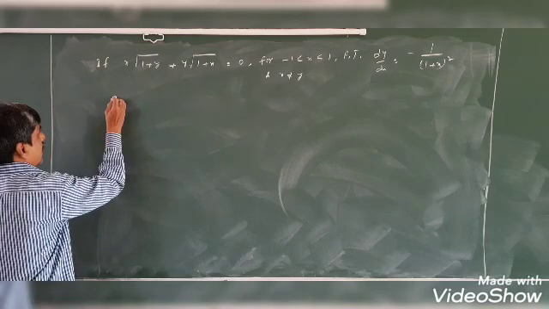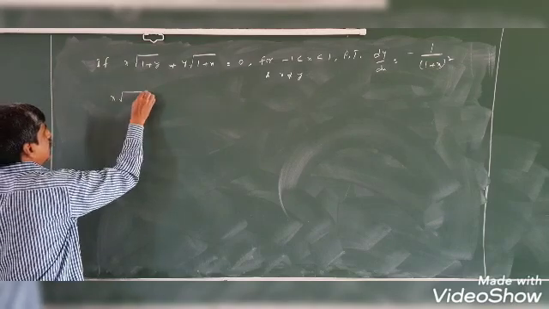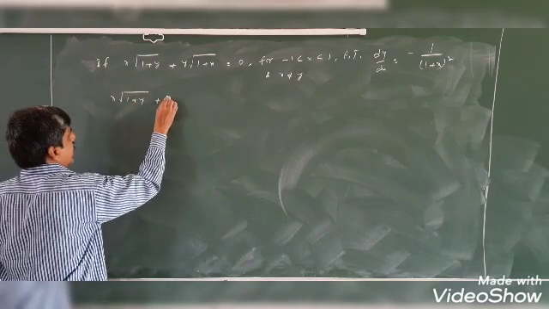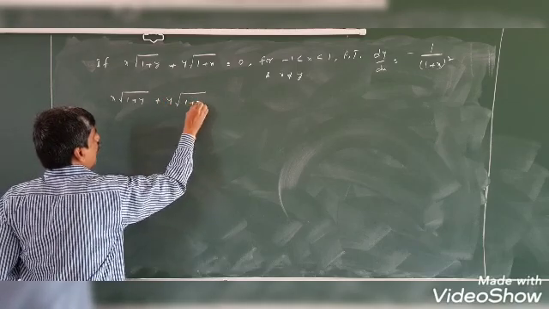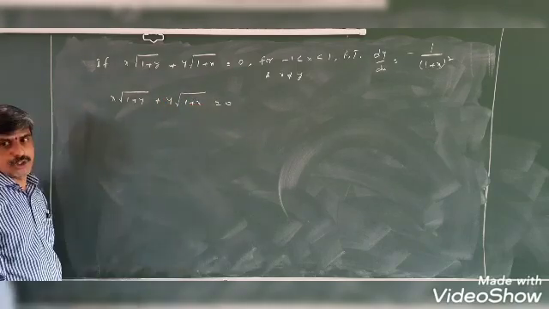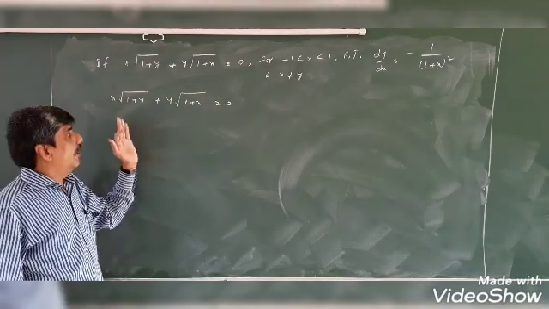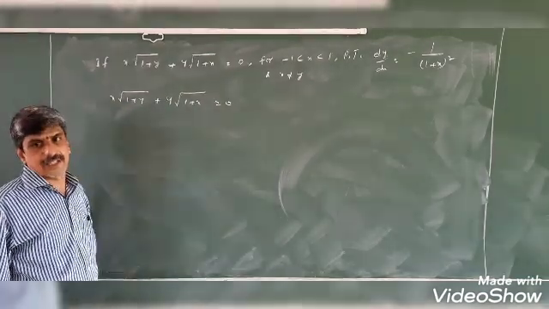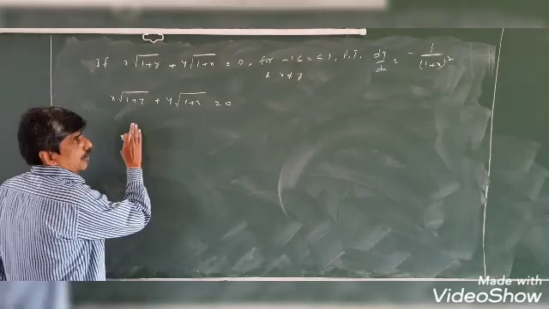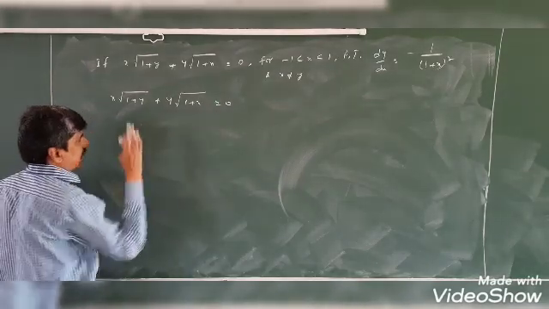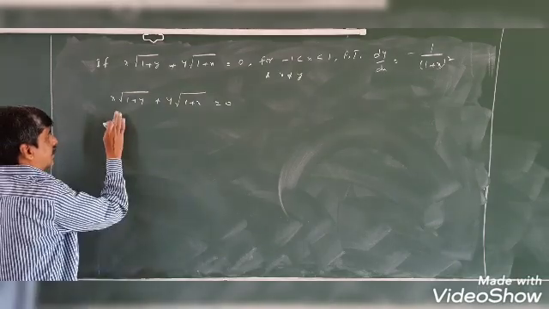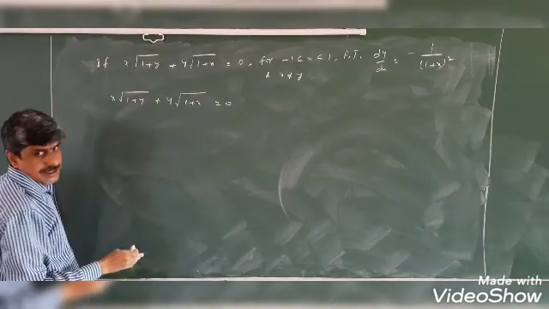So from the given equation, what is the given equation? X into root over 1 plus y plus y into root over 1 plus x is equal to 0. So from this equation, I want to say y is a function in x. To write y as a function alone in x, shift one of the terms to the other side.